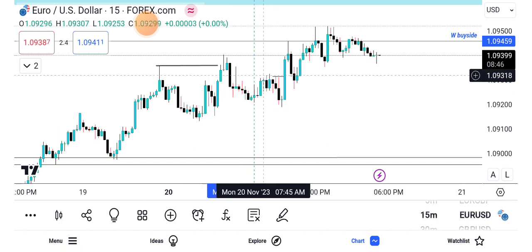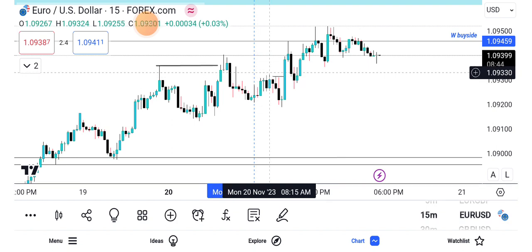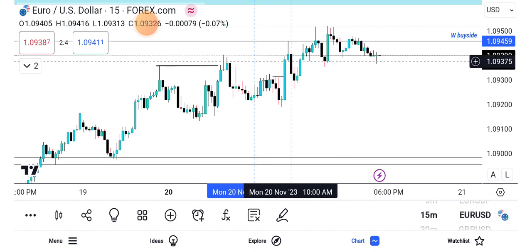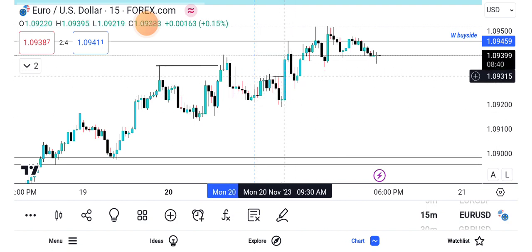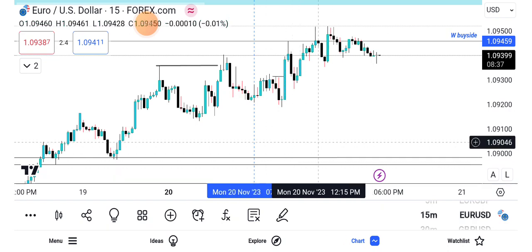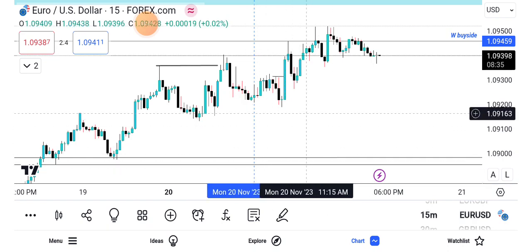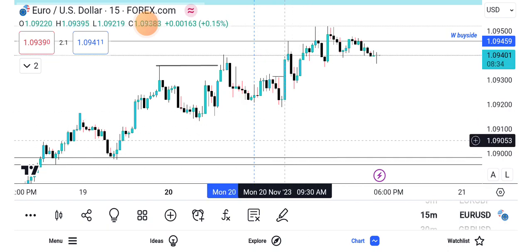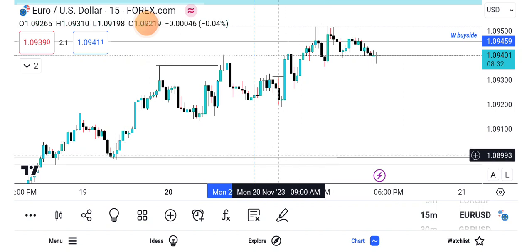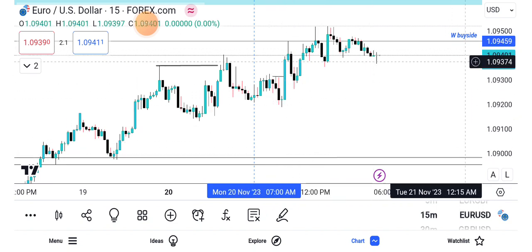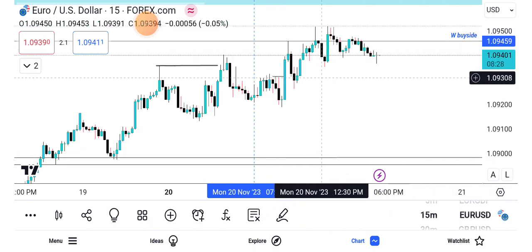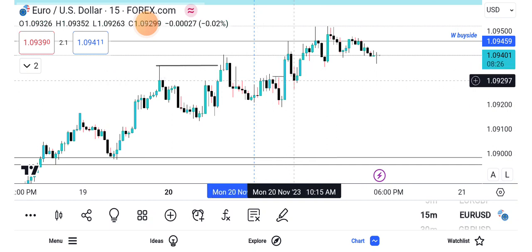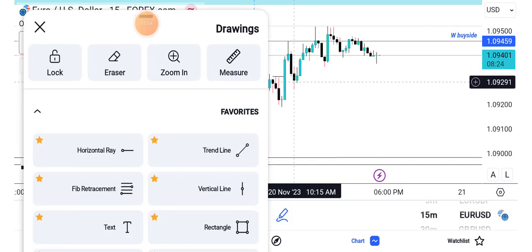Okay, then we had this market structure shift with the displacement, of course, leaving a fair value gap at around our key level between 8 to 9, 9 to 10, our New York Kill zone. Then we had our draw on liquidity, that was the buy side liquidity there. So entry at around this zone.